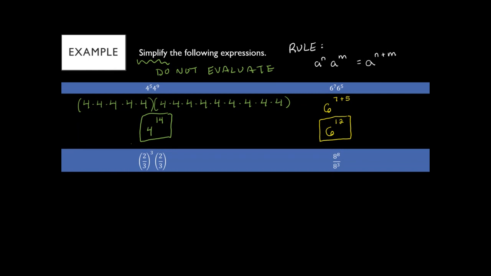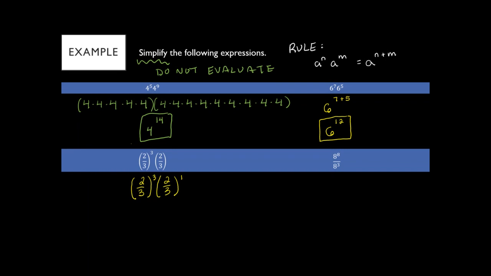So bottom left, we have 2/3 to the 3rd and then another 2/3. So we can rewrite this so that we can use this rule. We have 2/3 to the 3rd. And then if you have a 2/3 without an exponent, you can always write an exponent.